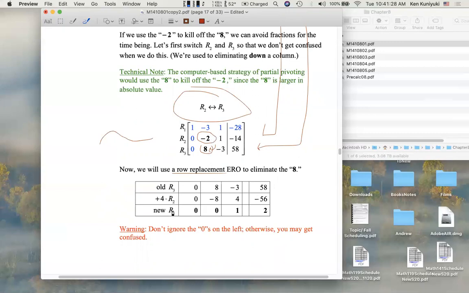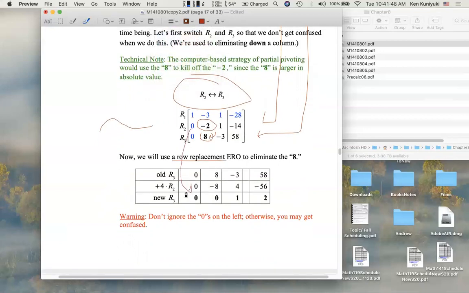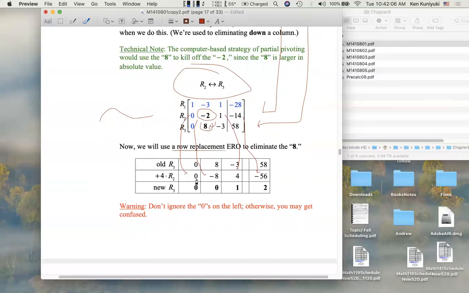So 4 times 0 is 0, 4 times 0 is 0, 4 times -2 is -8, 4 times 1 is 4, 4 times -14 is -56. Then add down, we get 0, 0, 1, 2. That's our new row 3.